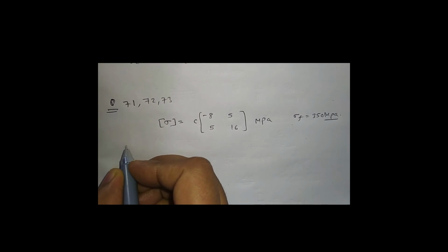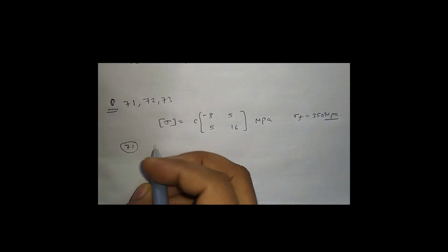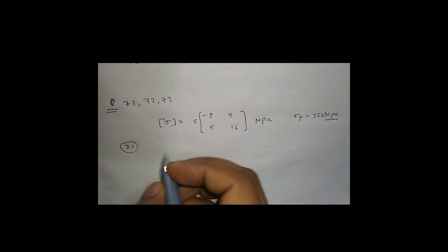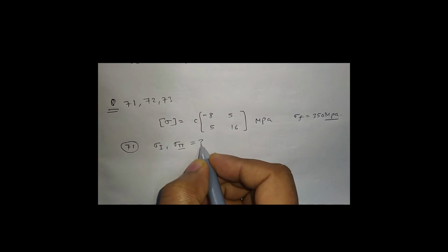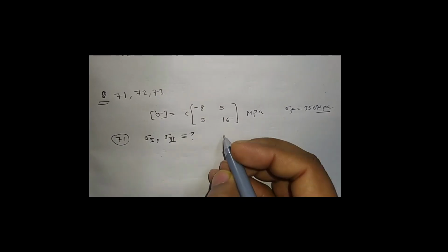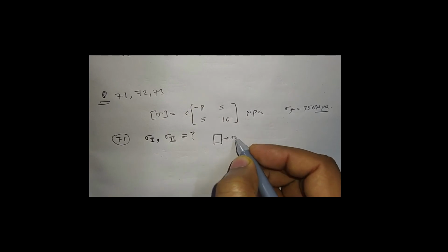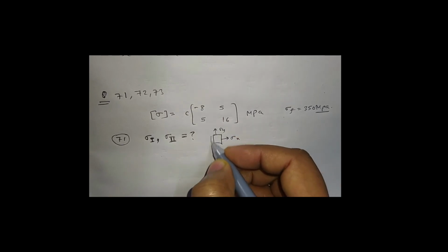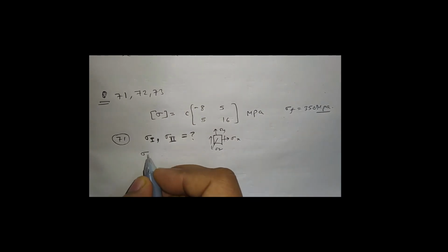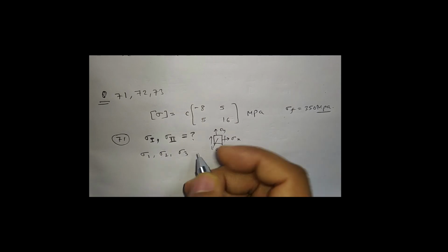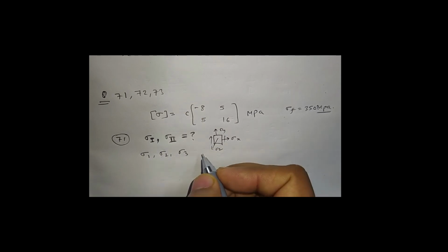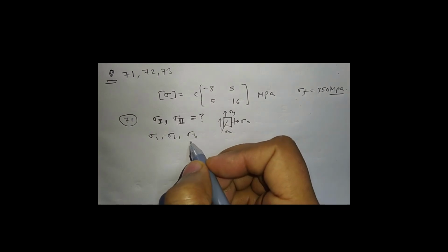In question 71, the principal stresses sigma 1 and sigma 2 need to be found at any plane under complex loading, for example sigma x, sigma y, shear stress, and sigma z. Then we will get sigma 1, sigma 2 and sigma 3, the normal stresses which are the maximum on some plane. In the case of the two-dimensional state of stress, sigma 3 is 0.